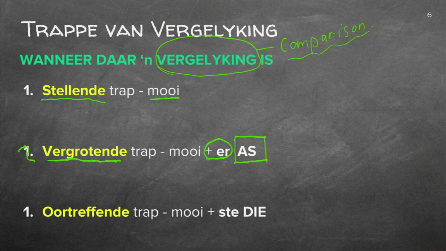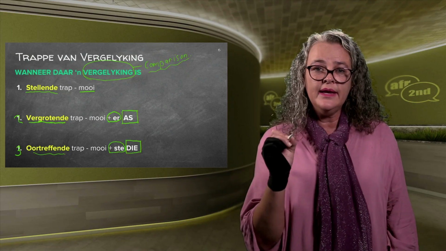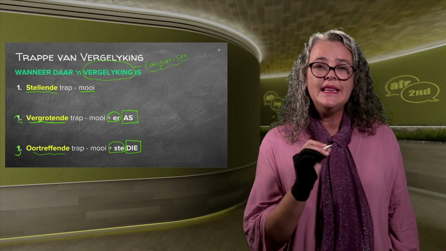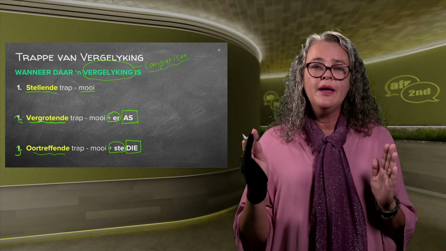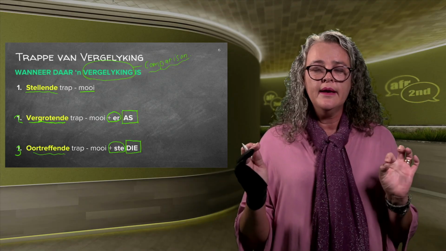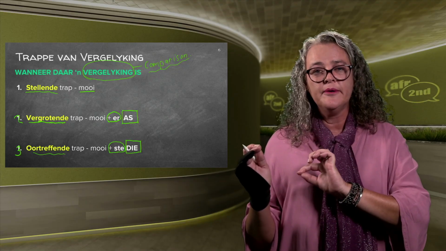Die derde trap is die oortreffende trap. Nou gaan ons 'n ste bysit, STE, and the word that you have to look out for is die. But be very careful. Die can also describe the noun. In a sentence, die mooi meisie, the die refers to the meisie.